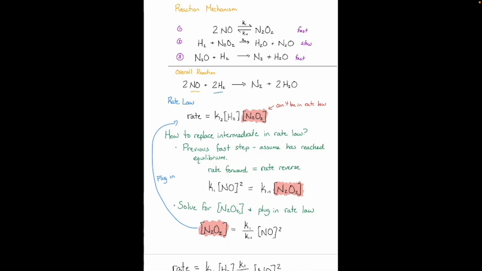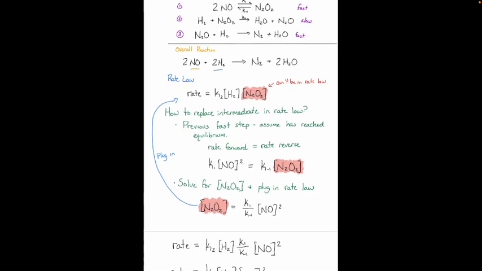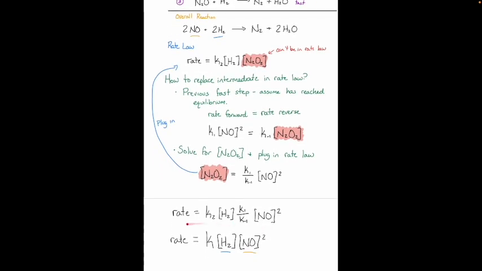Because it reached equilibrium, the rate of the forward reaction is equal to the rate of the reverse reaction. So we set those two equal to one another and use that to solve for the thing we were trying to get rid of. When we plug that back in, now we have a rate law that's defined in terms of compounds that appear in our overall reaction. Check, check.